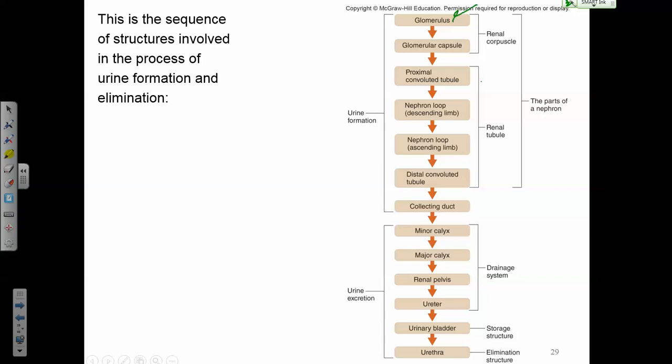It comes from the blood of the glomerulus, and then from there substances move out of the blood to go into the Bowman's capsule, and then from there, proximal convoluted tubule, the descending, then ascending limbs of the loop of Henle, and then distal tubule, collecting duct, and then from there, it's flowing away from the kidneys, into the minor, the major calyx, into the renal pelvis, ureter, bladder, urethra. So that's the flow of the urine as it's formed.